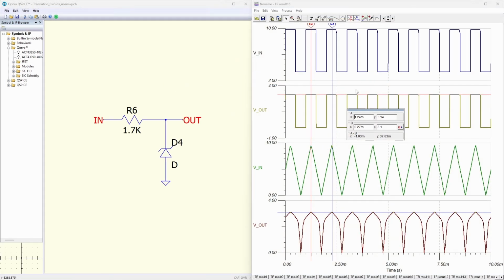Here you can see that with this Zener diode, I'm getting 3.14 volts at the output and 3.1 with the triangle wave. The one big downside I've found with Zener diodes is that they tend to have a pretty high capacitance associated with them, especially at lower voltages, so these can really kill out faster signals.